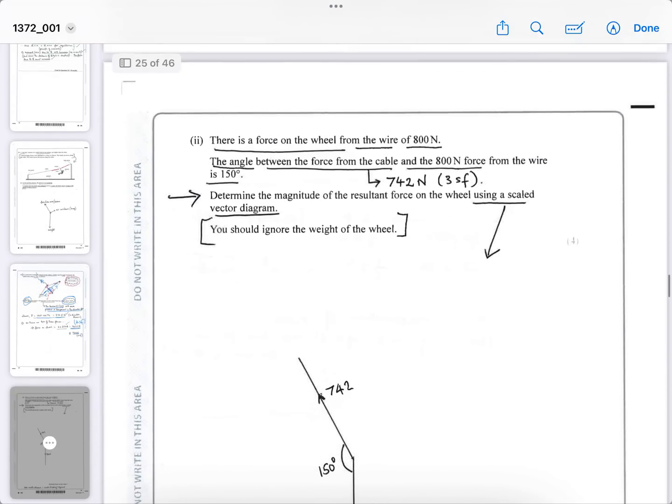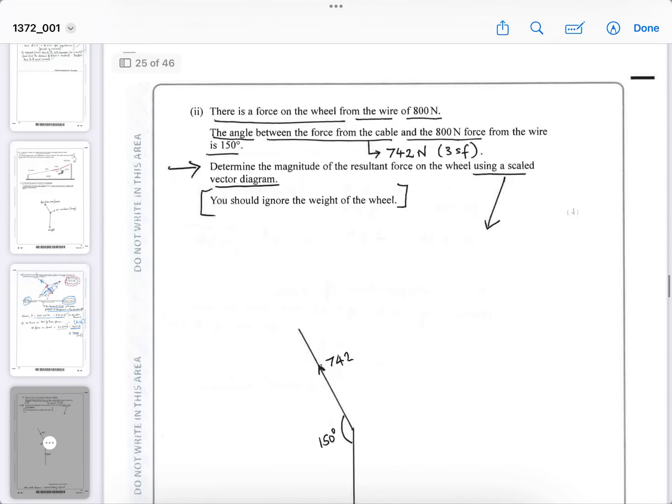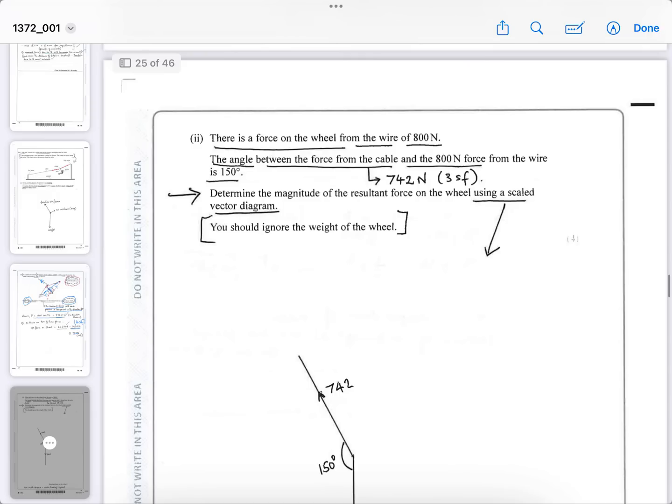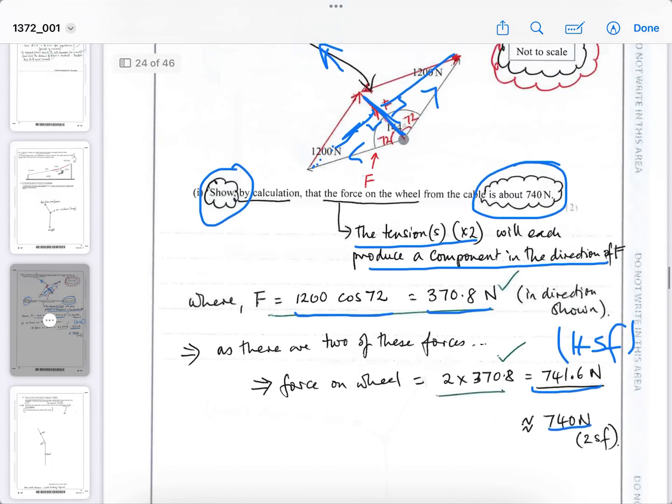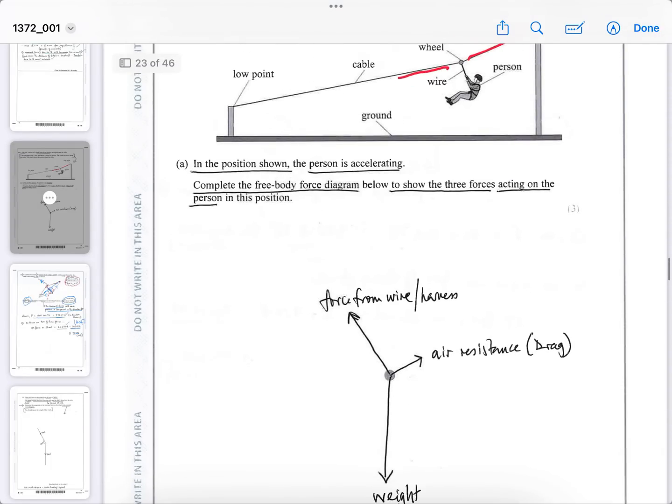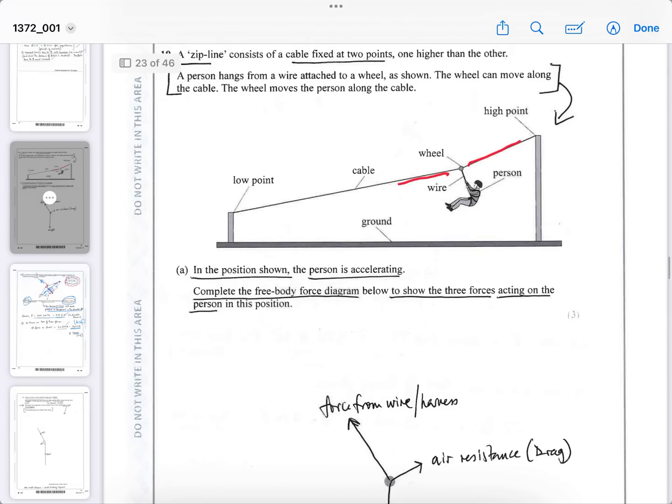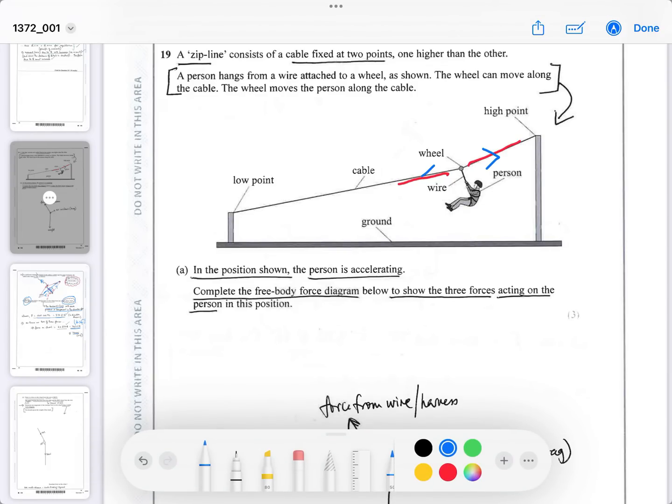So once you know this, there is a force on the wheel from the wire of 800 newtons. That must be the weight of the person. They're not spelling it out for us. But if you look at the original diagram, the force due to the wire is the person pulling it down, if you like. And those two tensions that we talked about, the tension was this way and this way.